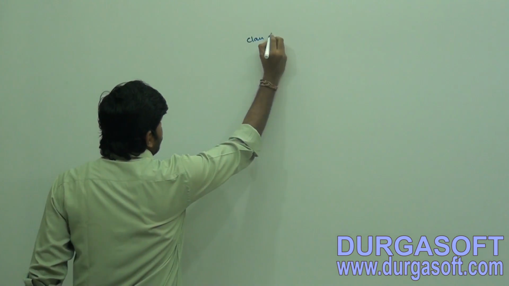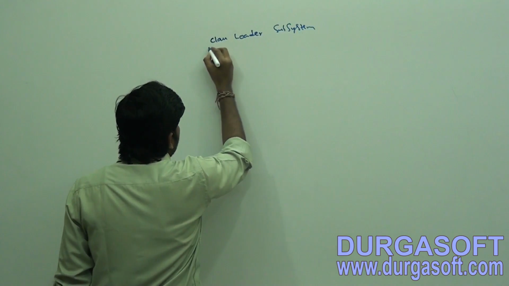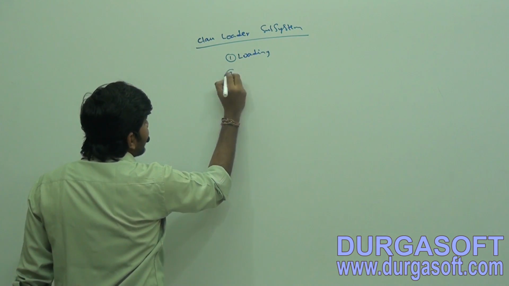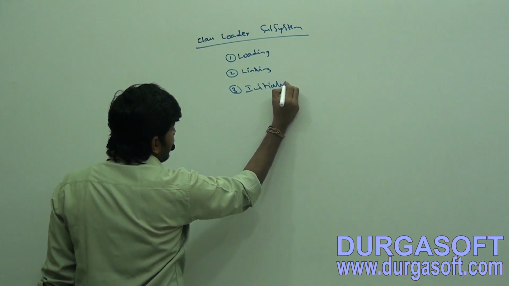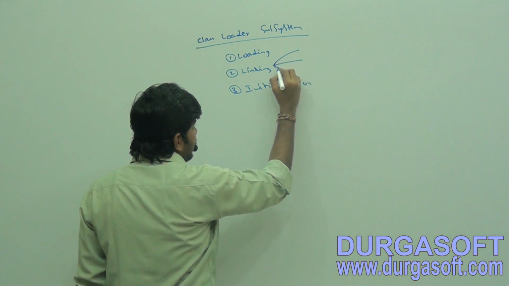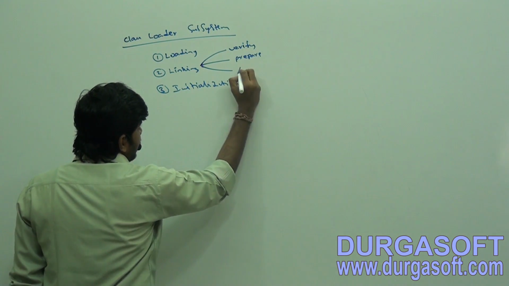So the use of the ClassLoader class is part of module 1 in the JVM architecture, the class loader subsystem, which we covered. The class loader subsystem is responsible for 3 activities: loading, linking, and initialization. Linking again has 3 activities: verify, prepare, resolve.